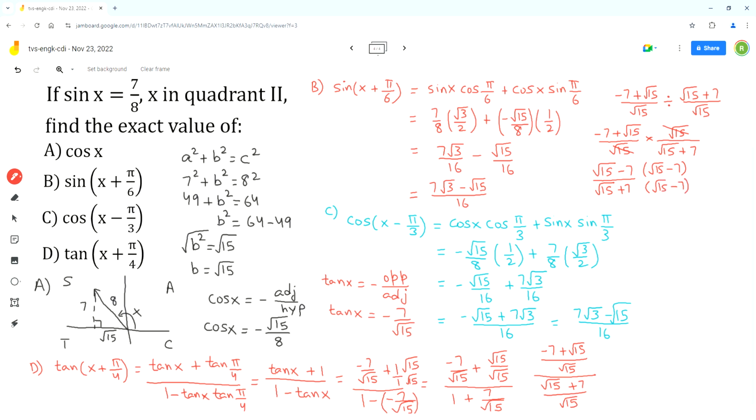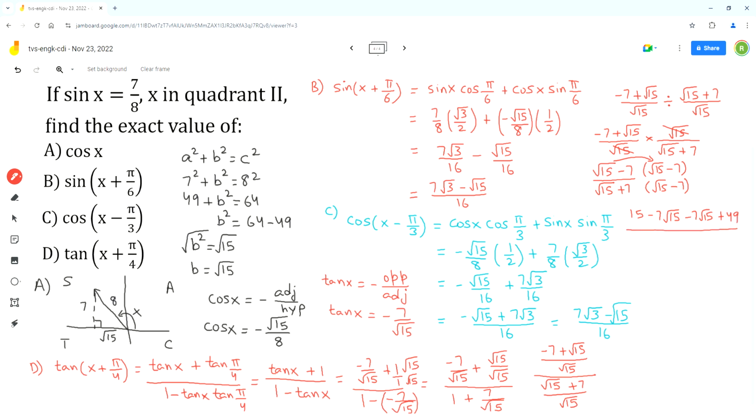We can simplify the terms by using the FOIL method. We can distribute the terms. So in the numerator, square root of 15 times square root of 15 is 15. Square root of 15 times negative 7 is negative 7 square root of 15. Negative 7 times square root of 15 is negative 7 square root of 15. Negative 7 times negative 7 is positive 49.